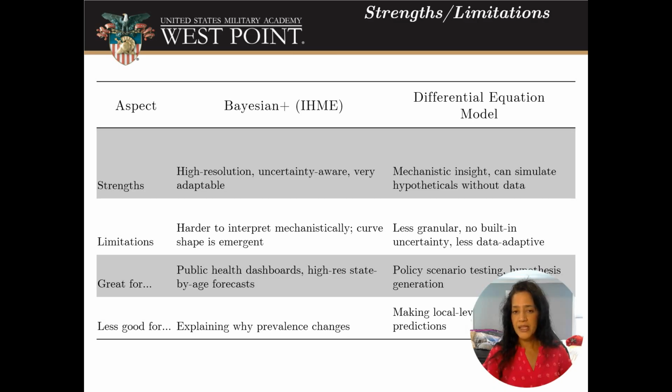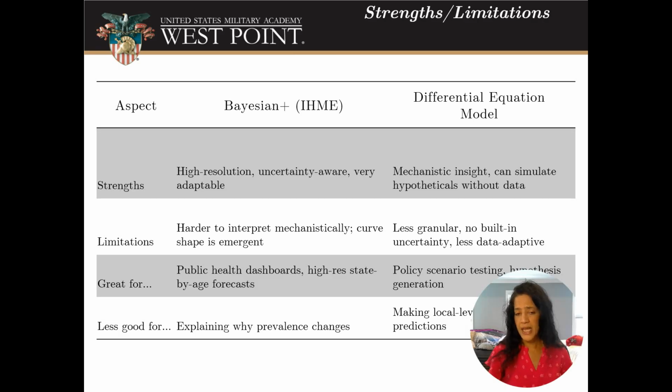The limitations of the Bayesian model are that it's harder to interpret mechanistically, and the curve shape is emergent. I had to decide that curve shape ahead of time is what I mean. The differential equation model, on the other hand, is less granular, has no built-in uncertainty, and is less data adaptive. Each one's good for its particular thing.